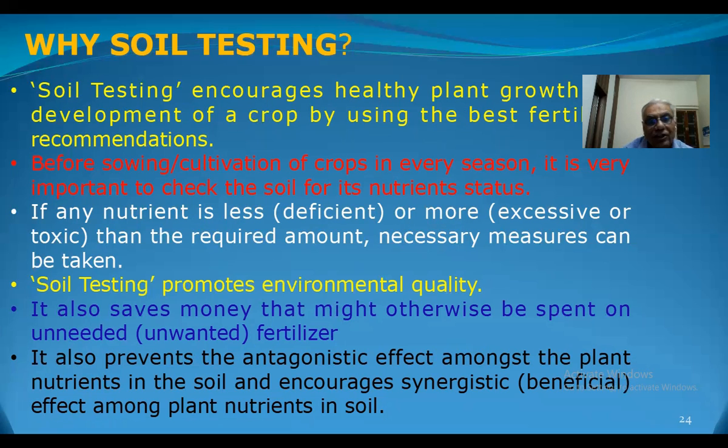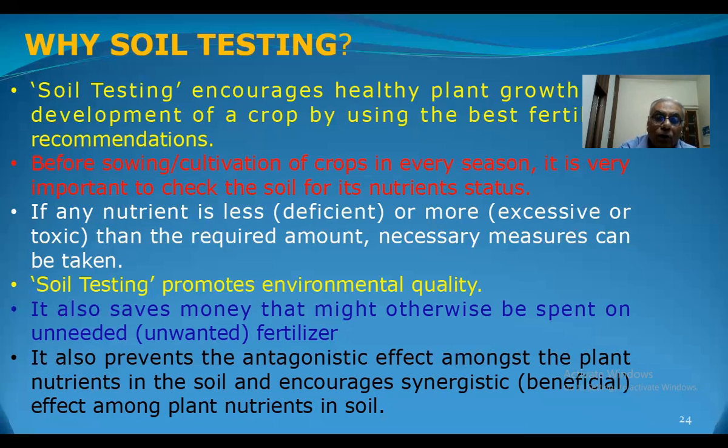Another disadvantage of phosphatic fertilizer: you know that phosphorus has an antagonistic effect with zinc and iron. So when you add phosphatic fertilizer when your soil already has high phosphorus, what is the disadvantage? Whatever native zinc or iron is present in soil, or applied through fertilizer, is not available to the plant.